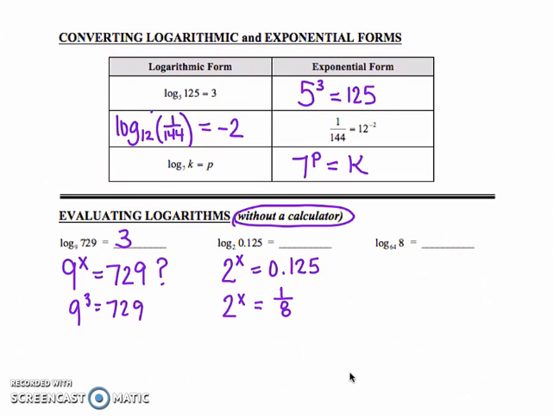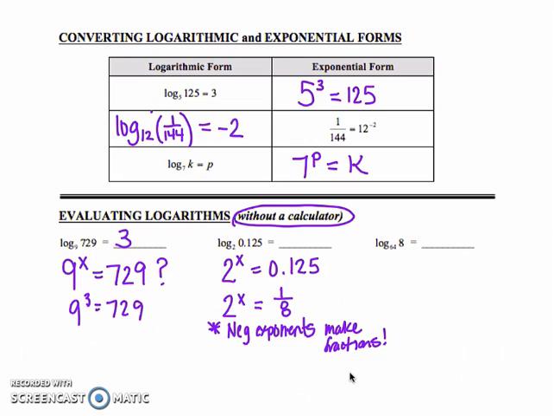So if you think about this, we're taking 2 and we're turning it into a fraction. So you have to think about what kinds of exponents turn numbers into fractions. What kinds of exponents move things downstairs? Those are our negative exponents. Negative exponents make fractions.